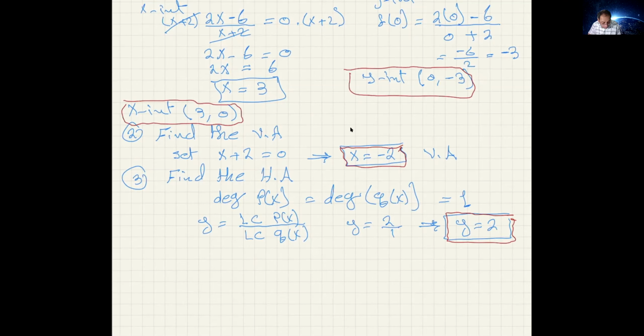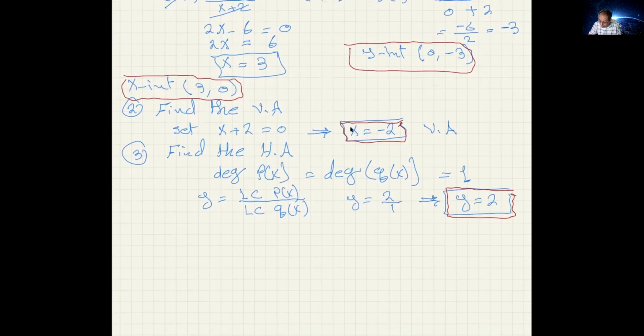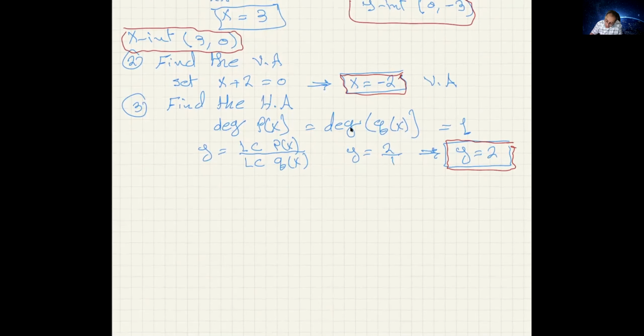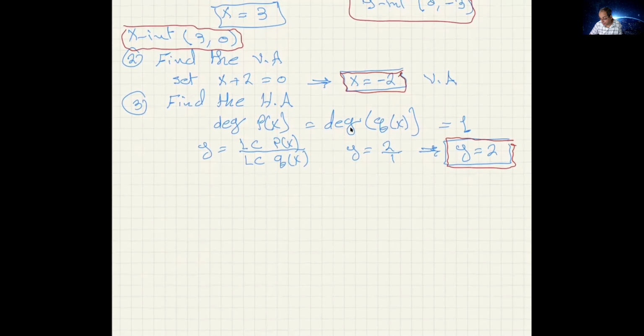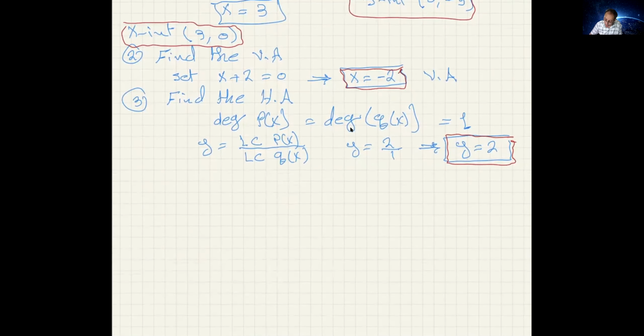The next step is to find whether the function crosses the horizontal asymptote, which is y equals 2 here. In order to do that, I set the function equal to the value of y, which is 2, and see if I get an x value or a false statement.